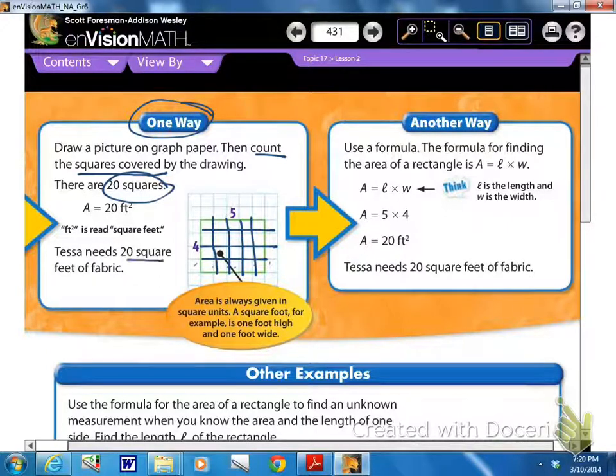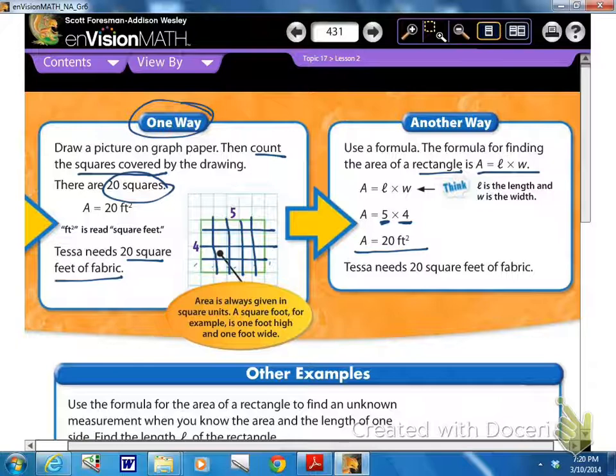So Tessa needs 20 square feet of fabric. Or you use your formula: area of a rectangle is area equals length times width. Your length is 5, your width is 4, multiply them together, and this is feet times feet, so feet squared. Area equals 20 feet squared, or 20 square feet of fabric.